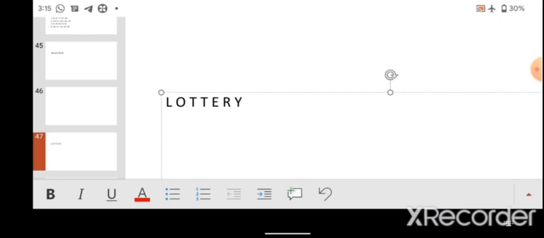Lottery. Now lottery is coded as WQMTBTF.